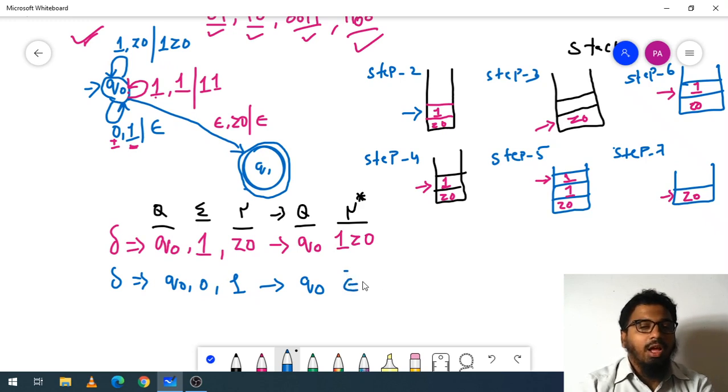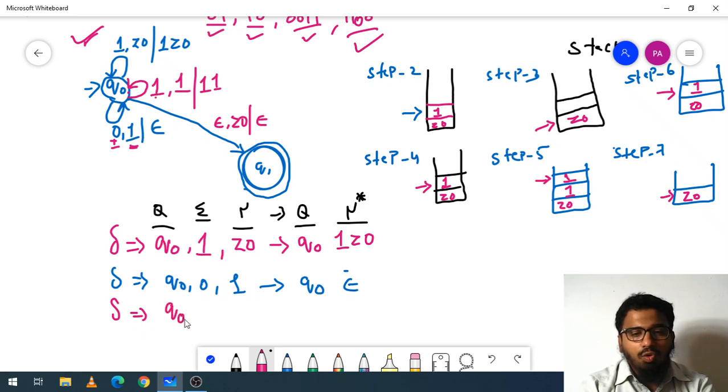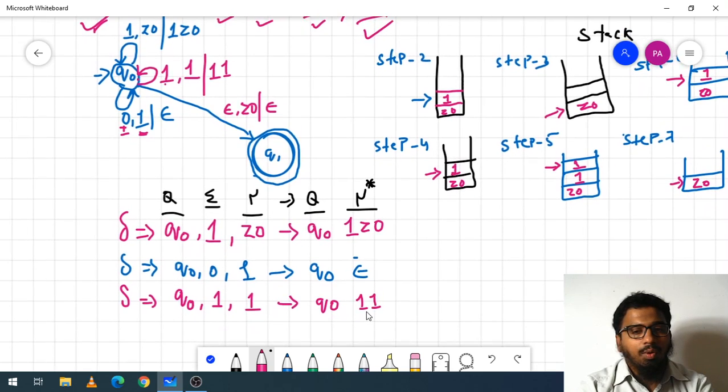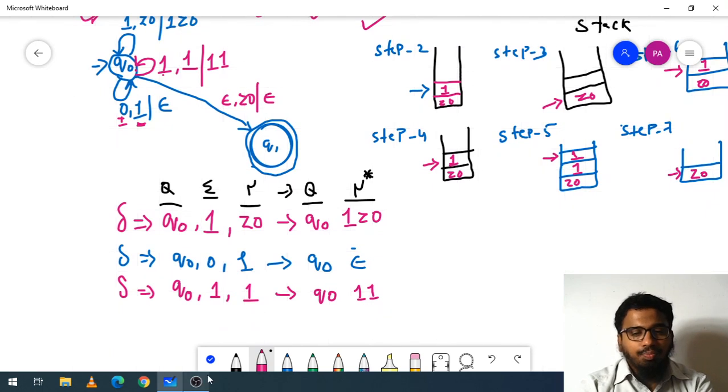The next one is delta, where we take 1. From Q0, comma 1, comma 1, where is it going? It is going to Q0 only, and the answer we are getting is 1 1. Okay, fine.